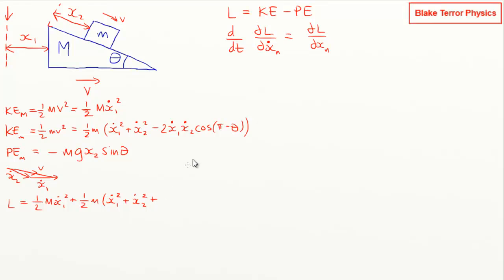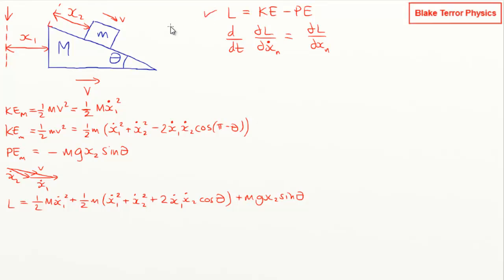Let's change that to a plus now, so I can get rid of that pi there. 2 x1 dot x2 dot cos theta. Excuse me. So that is our kinetic energy. Then we have to take off the potential energy. So add on mg x2 sine theta. That is our Lagrangian. So first step done.